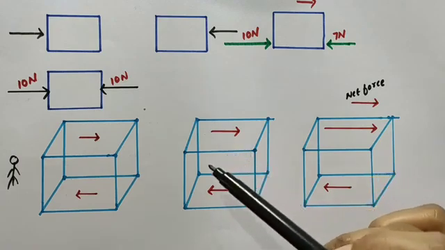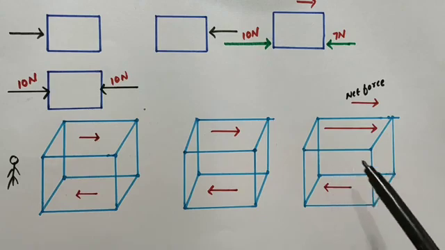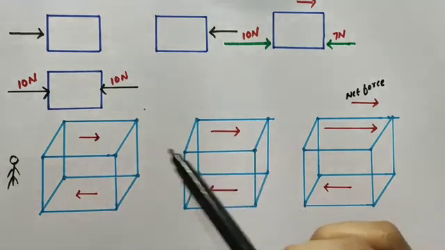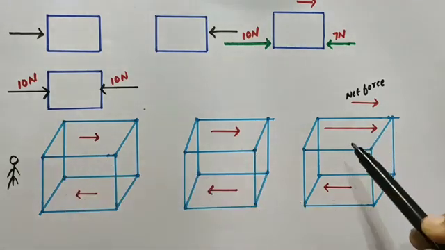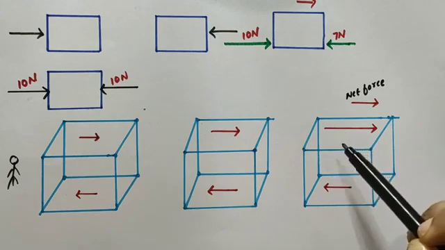Now again the child pushes this box harder, that is, this time he applies more force than in these two cases, so that the pushing force becomes bigger than the friction force. This represents the friction force and this represents the pushing force.